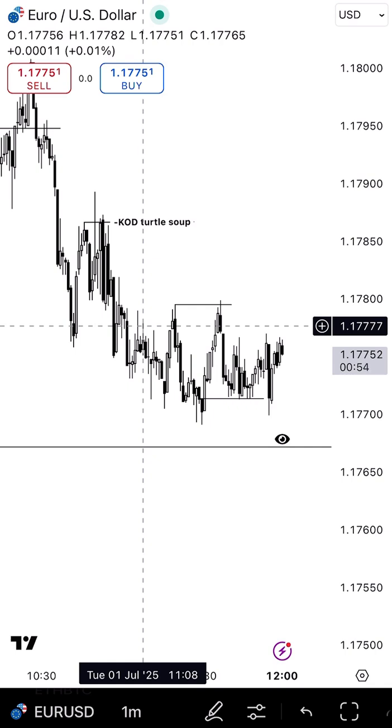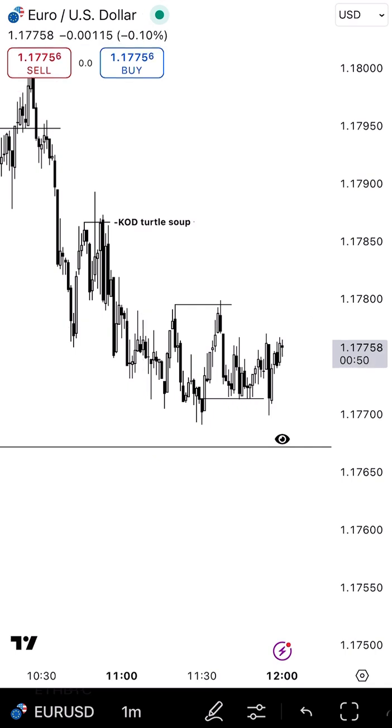Never anticipate a trending move in a ranging market. And vice versa. When the market is trending, don't try and force it to range. You can't.